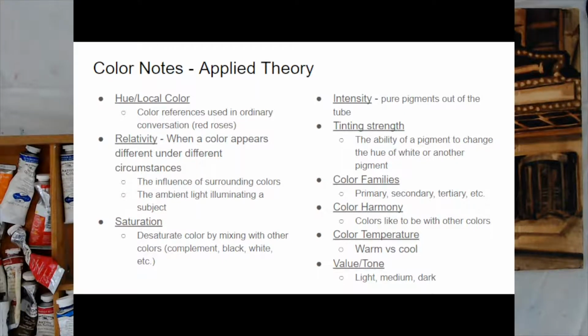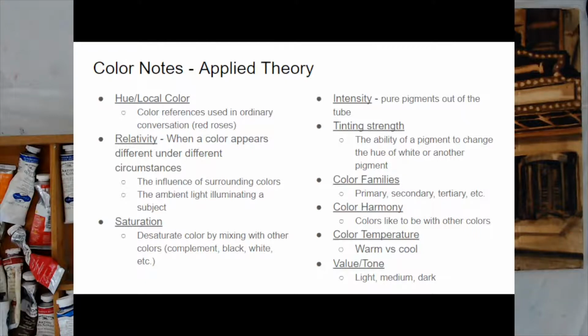Saturation refers to how pure it is out of the tube. Like it's the bluest blue that you can have, or the reddest red. Now, you can desaturate any color by mixing it with other colors.